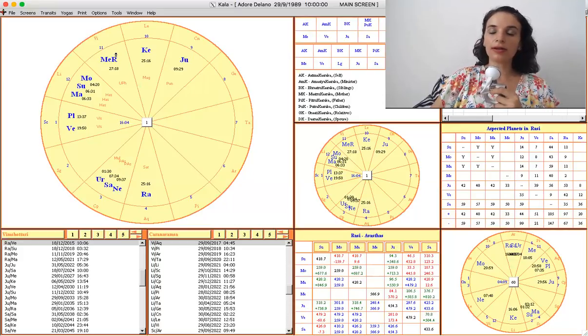It's also material rewards, gains, titles. So the 6th and the 11th are both upachaya houses, houses that manifest after long and tedious effort.